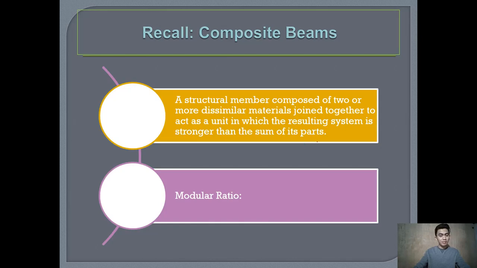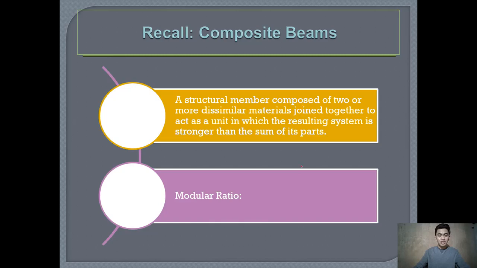Take note of our example last meeting, a combination of a steel I-beam and a concrete slab, wherein we were able to transform the concrete slab into steel for us to be able to determine the stresses.